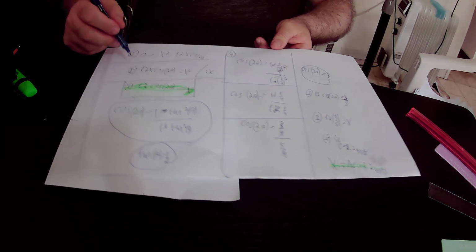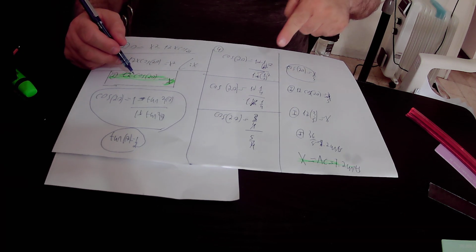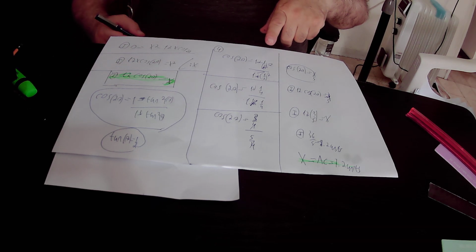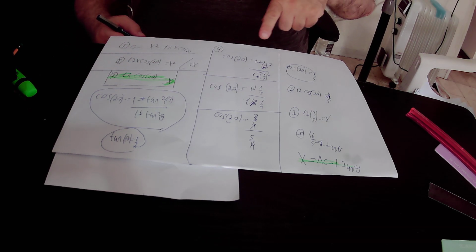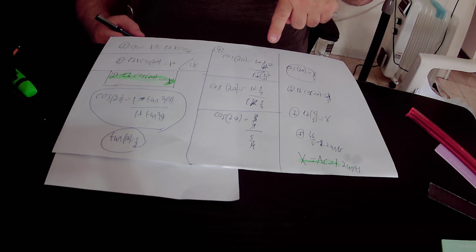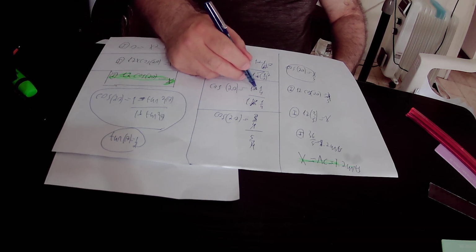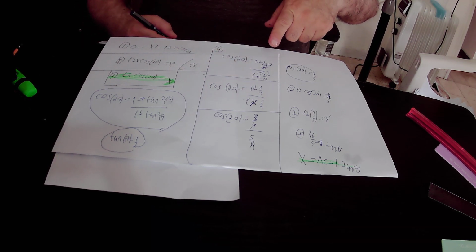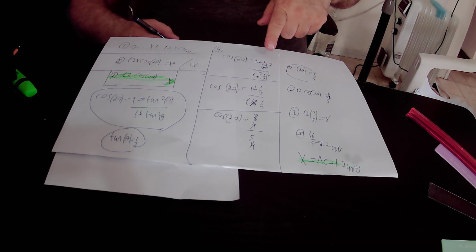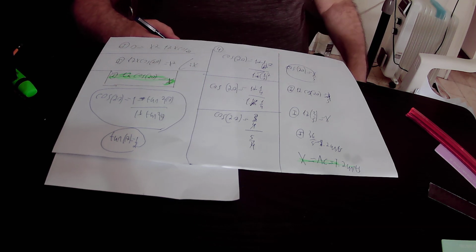over 1 plus tangent squared theta, that is 1 plus 1 half squared. 1 half squared is 1/4, so in the numerator we have 1 minus 1/4 and in the denominator we have 1 plus 1/4.